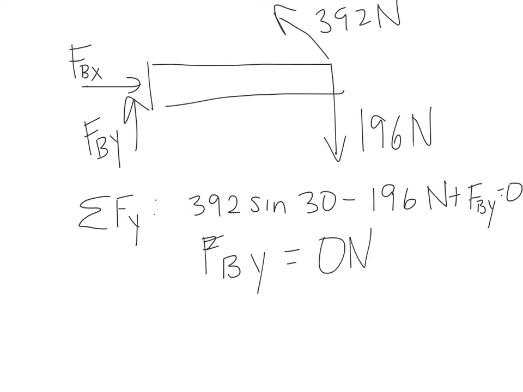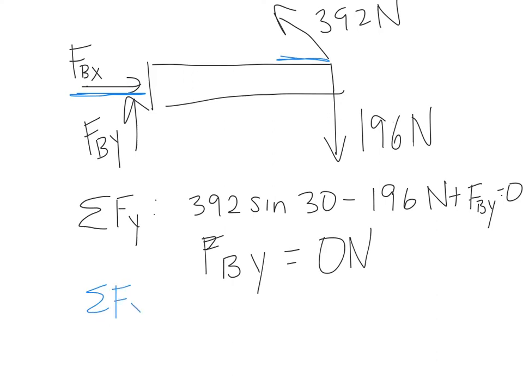Now, to find the forces in the x, I'm going to do that in blue. And that's going to be this component here plus the x component of the tension.